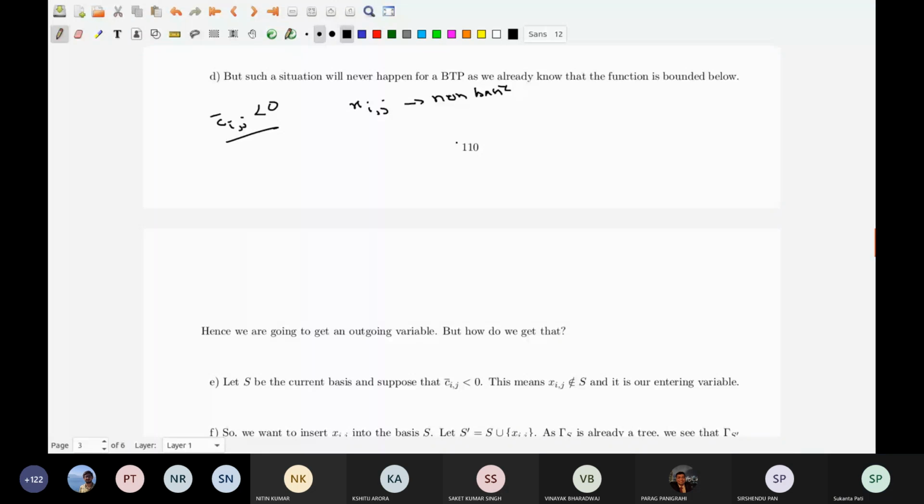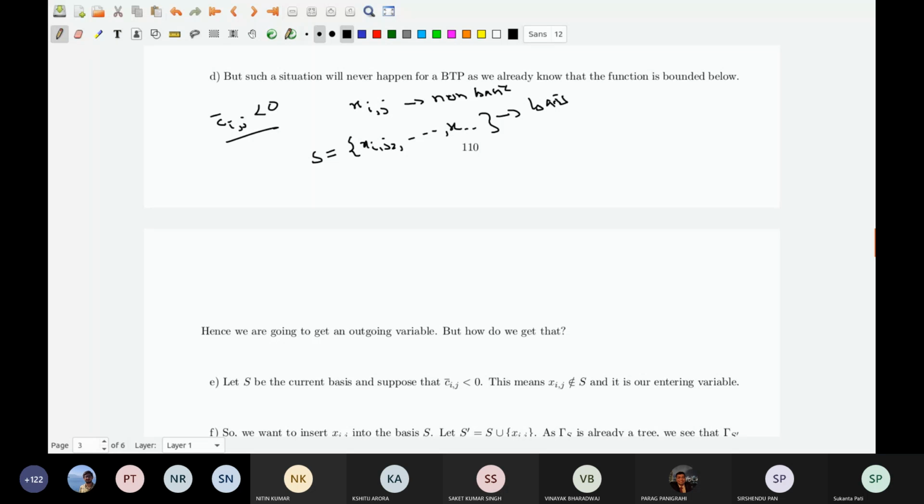What do you have now? I have S corresponding to the basis, something like xi1j1, xi2j2, and so on. So this is my current basis.